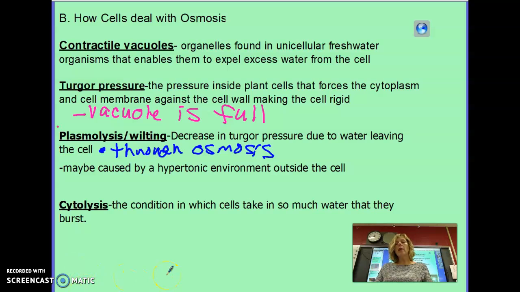So there are some mechanisms by which these single-celled organisms function to get rid of that, because that water does continue to go in and they need to get rid of it. So they have this really cool mechanism called contractile vacuoles.